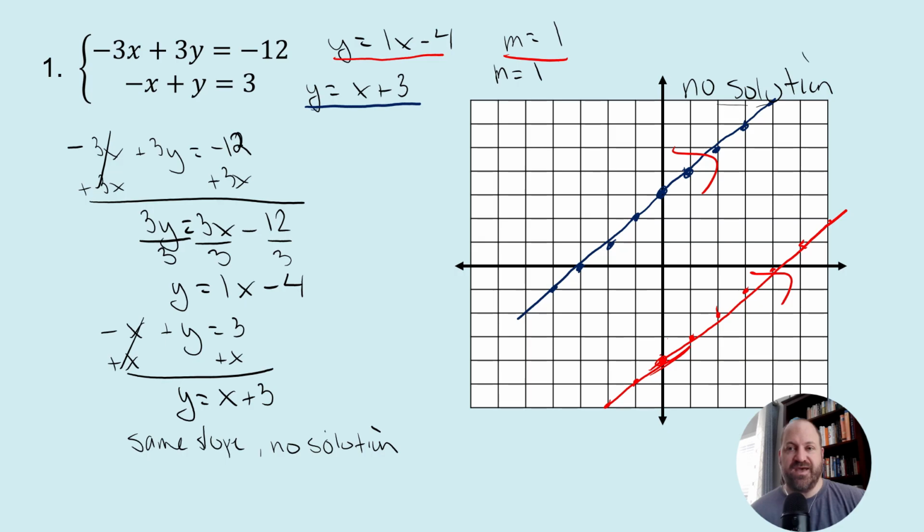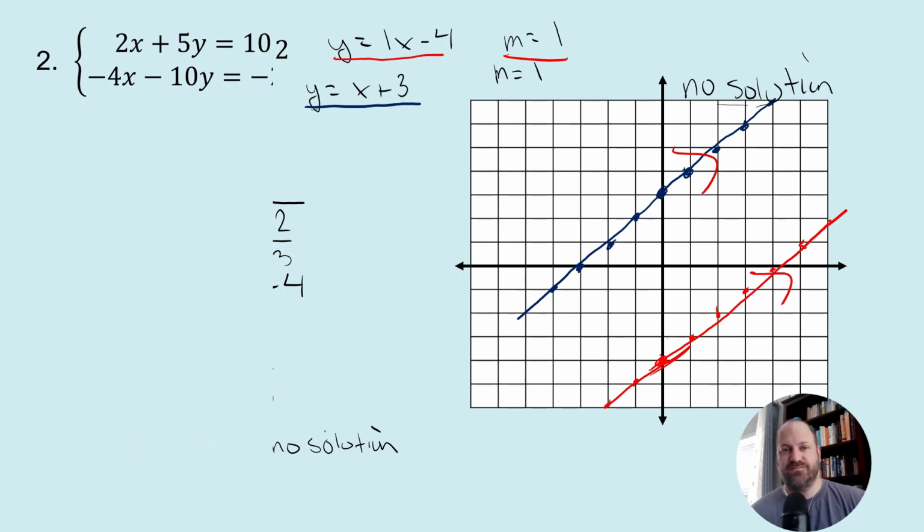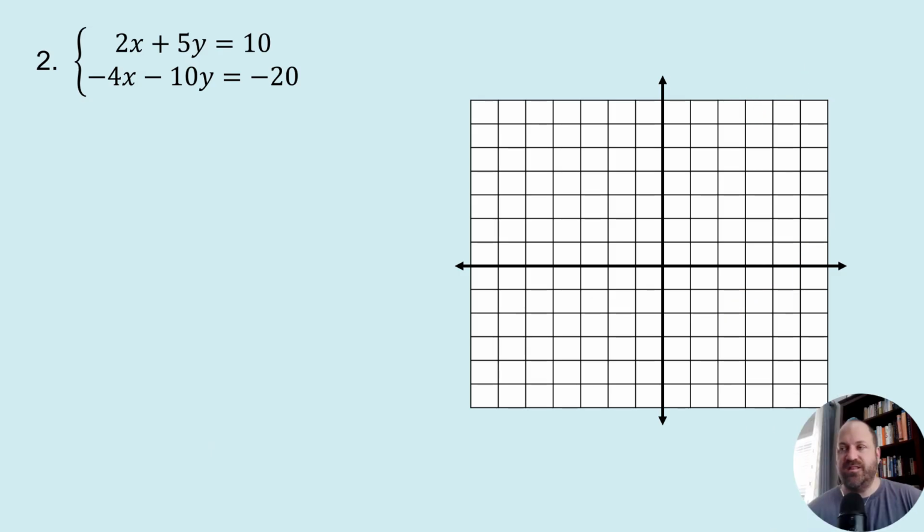All right, let's look at what a graph of a system with an infinite number of solutions looks like. So for our second system, if we try to use elimination to solve this, let's say we want to get rid of that x value. So let's just identify first that we're going to have an infinite number of solutions here. Let's multiply by 2 and 2 because we want opposite coefficients for that x value.